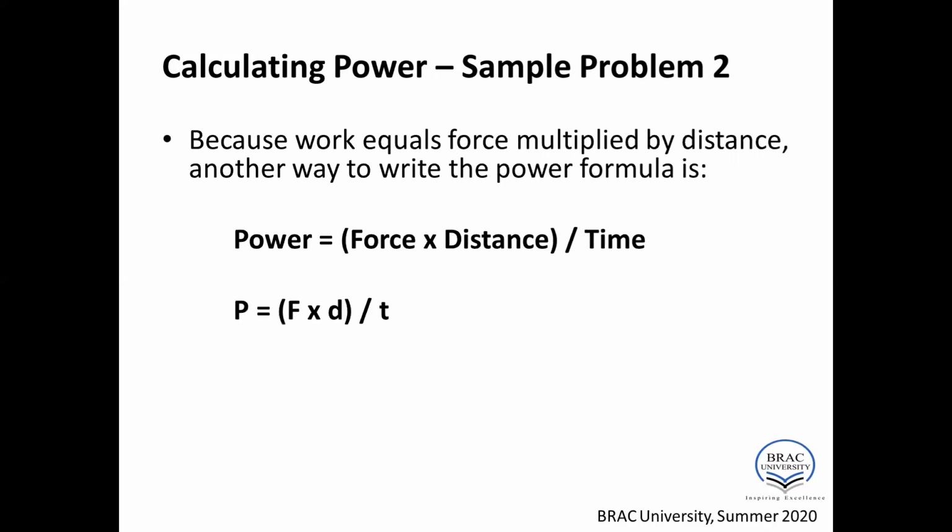So P equals W by T is the same as P equals F cross D divided by T. If work done is given, we can calculate P equals W by T, and if the force and displacement are given, we use P equals F cross D divided by T, or we first calculate work done.